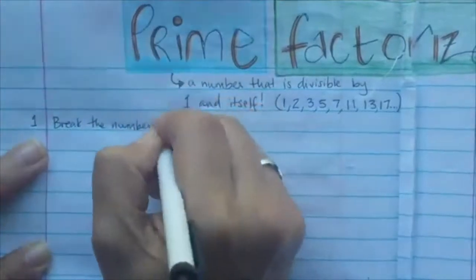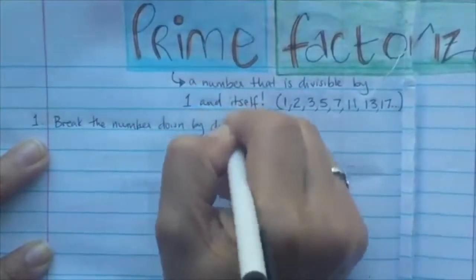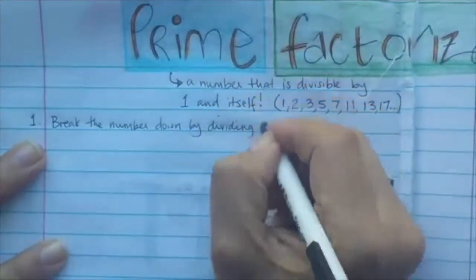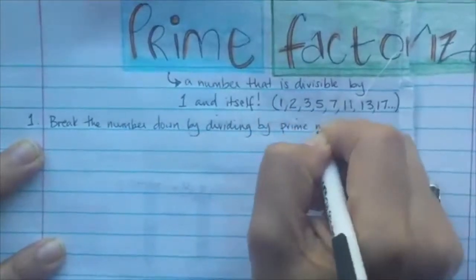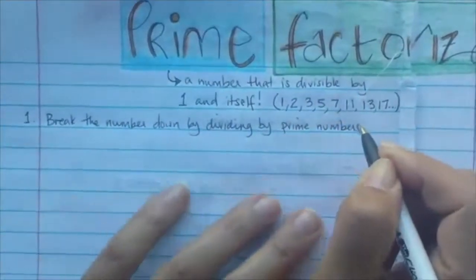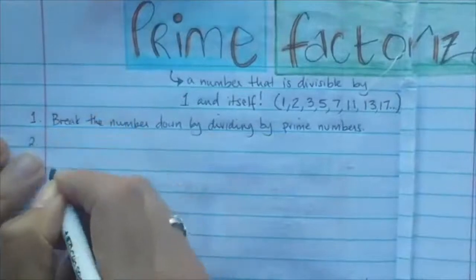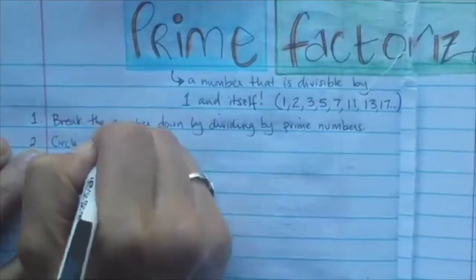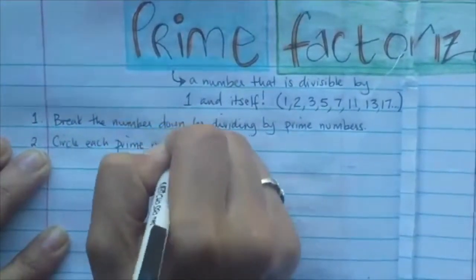Alright, so step number 1 is finding the prime numbers. Break the number down by dividing by prime numbers. Number 2, circle each prime number as you go.